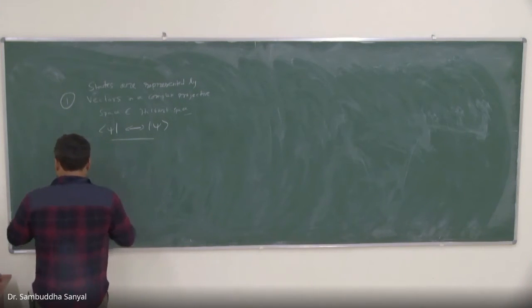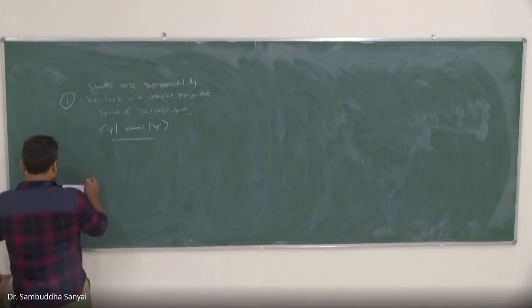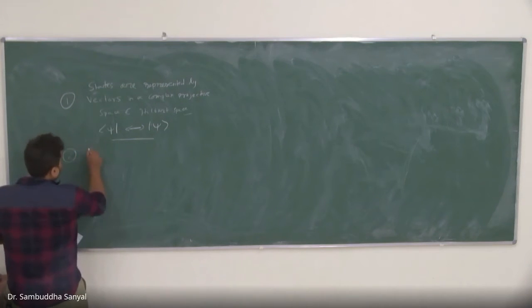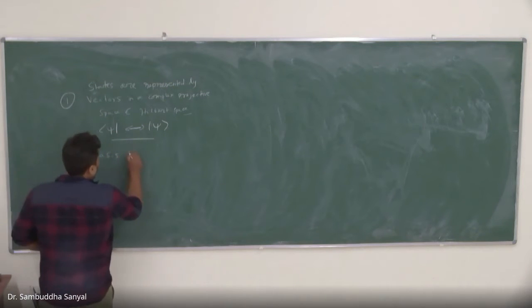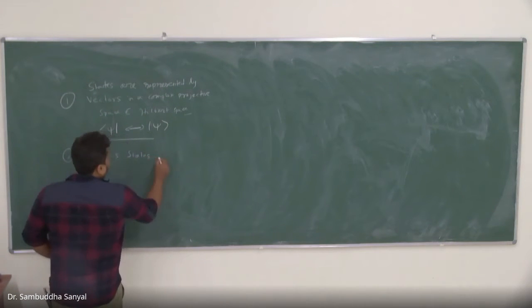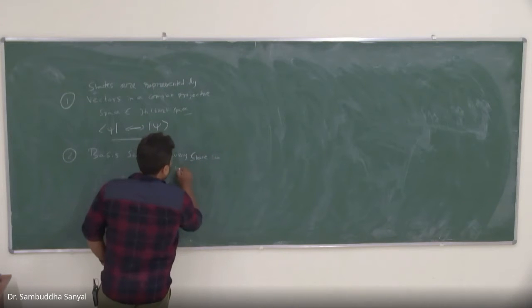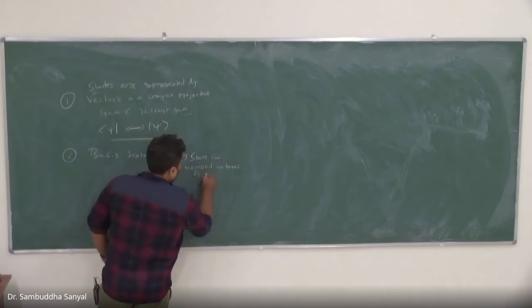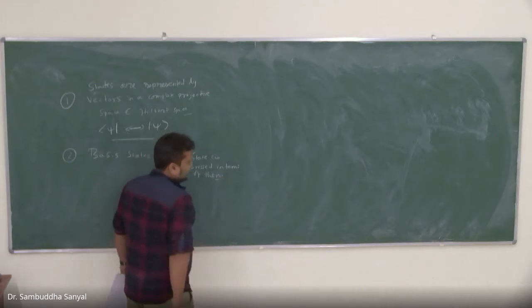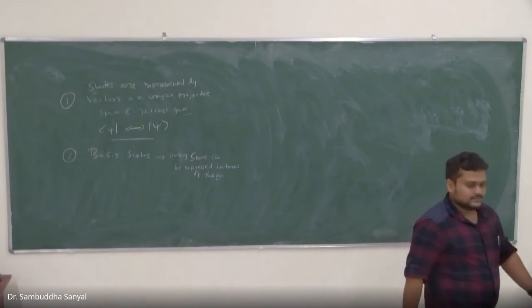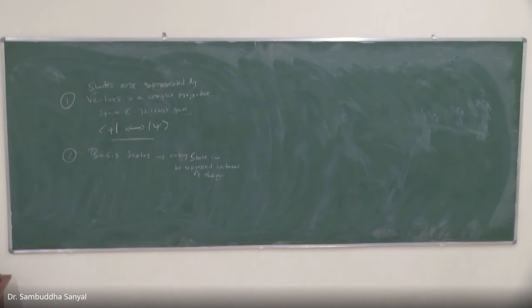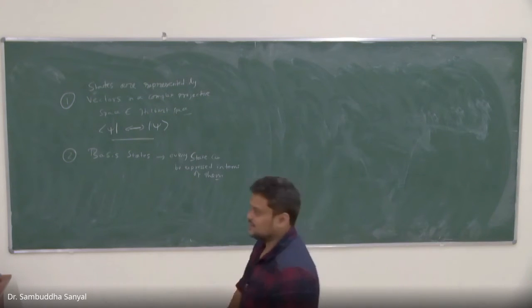Now, the second thing we learned is the concept of basis states, borrowed again from linear algebra. That tells you that every state can be expressed in terms of them. Physically, they are all the possible independent outcomes of an experiment, which was plus z and minus z in the case of Stern-Gerlach.